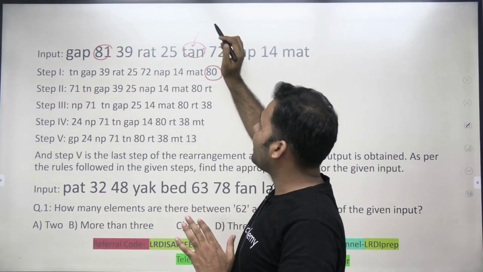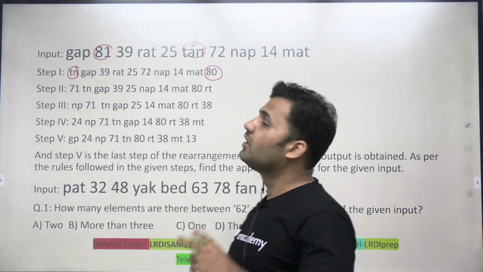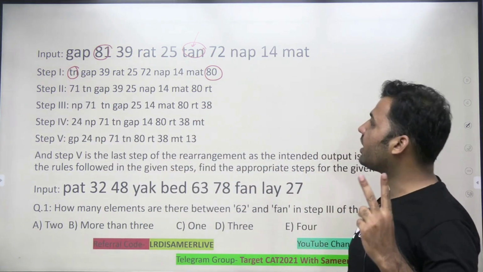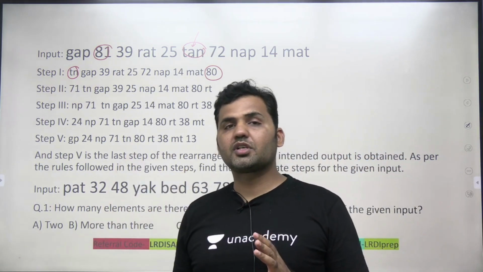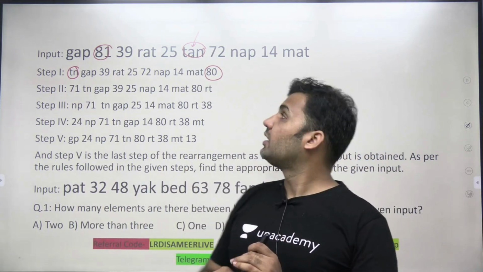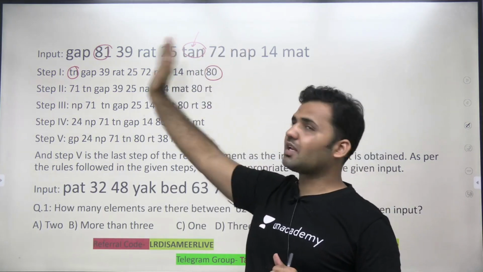So 2 changes are happening in the input. The highest number is taken on the rightmost position and the largest alphabet among the given words is taken on the left-hand side.